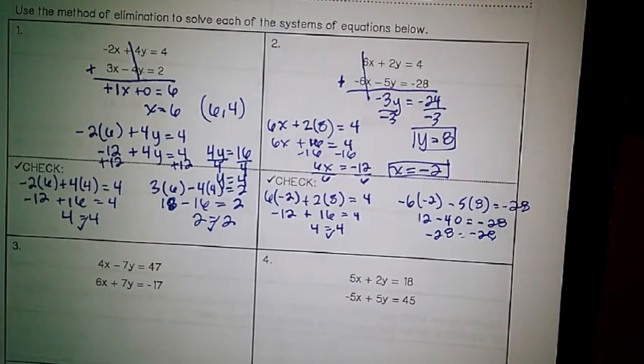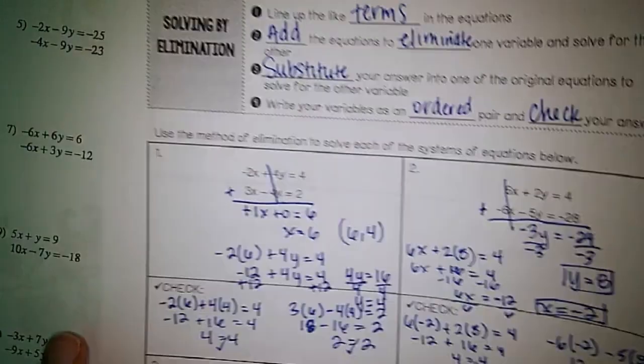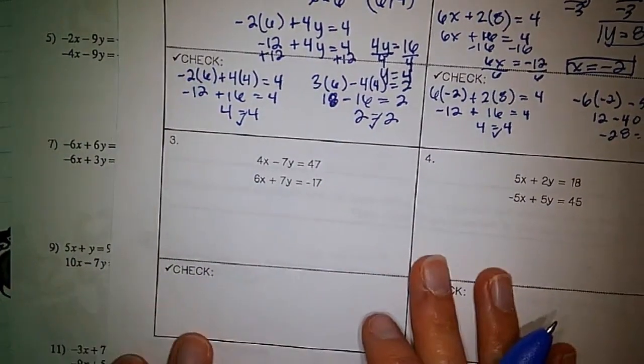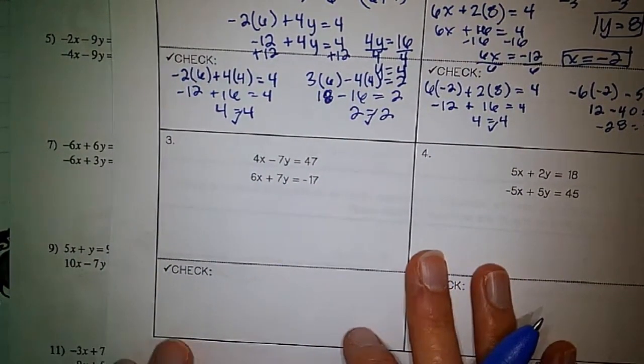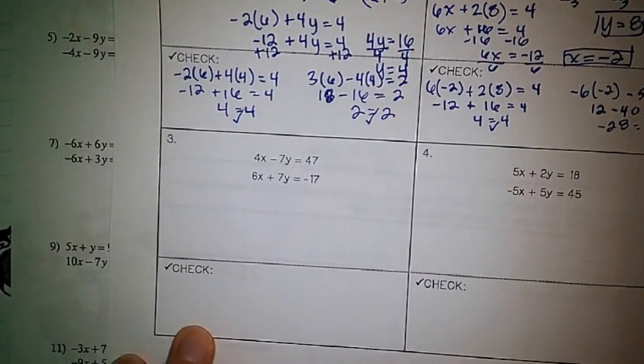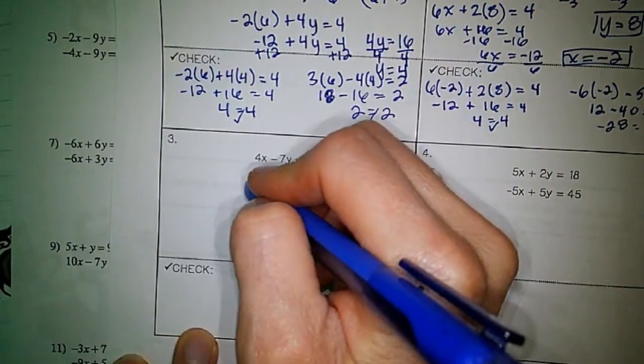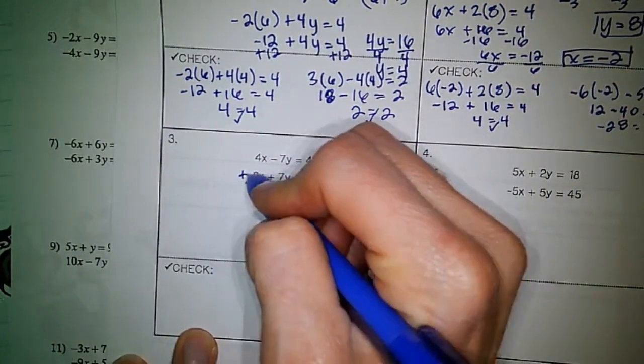Okay, so ready? Let's look at the next one. Do we have anything that's the same? The 7s are the same. So we're going to eliminate the y to solve for the x. Do y'all see why it's called elimination? Eliminate one to solve for the other.